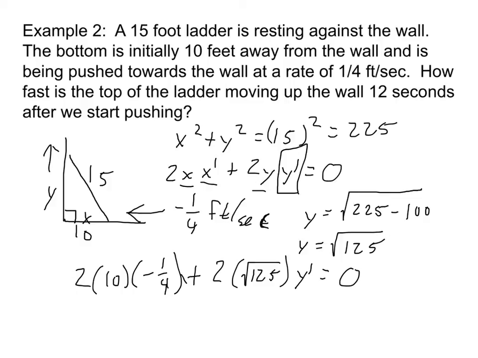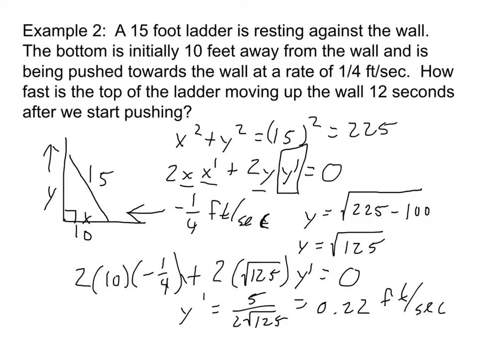Then I divide by 2 times root 125. I would get 5 over 2 root 125, which equals about 0.22, and this is in feet per second.